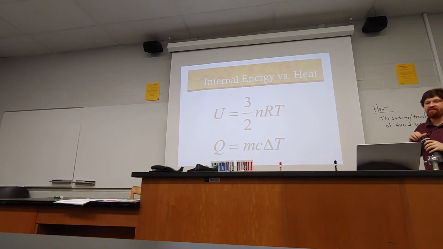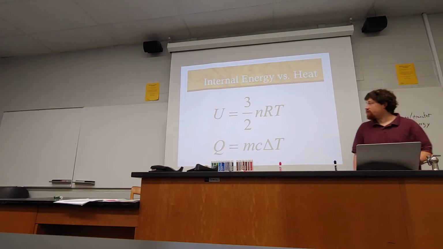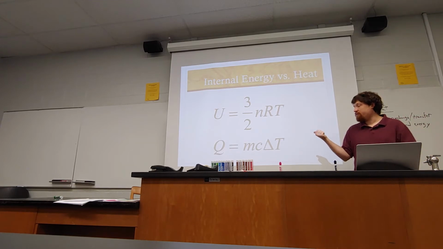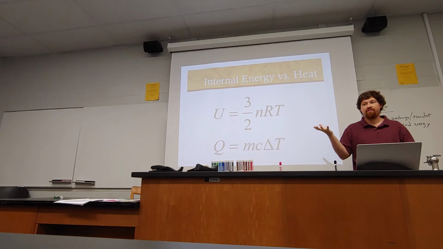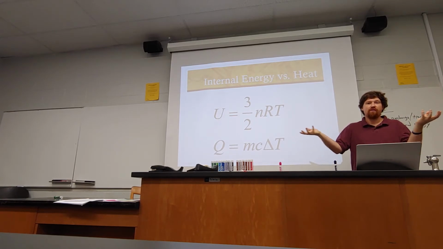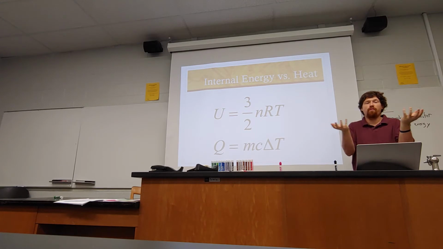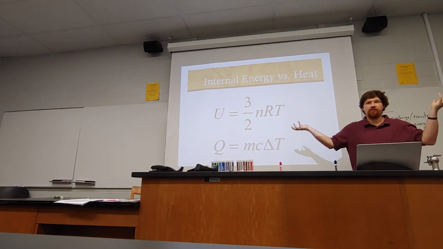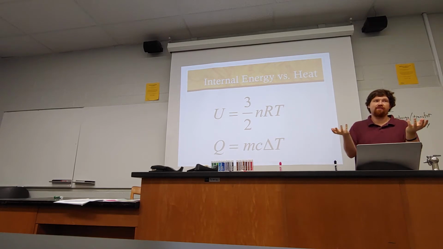What do you think C is? Specific heat. Specific heat, very good. The M just cares about the mass of the object, but you could have a kilogram of feathers and a kilogram of steel. Are those two piles of objects going to heat up the same way?